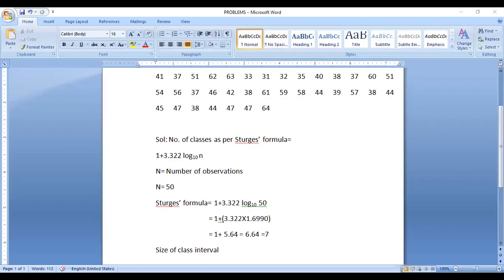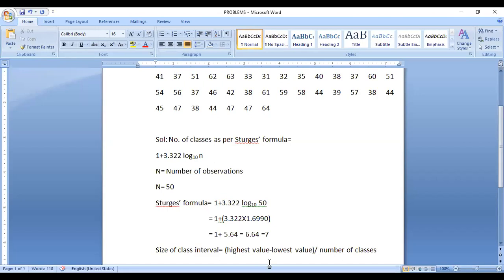So size of class interval is equal to highest value minus lowest value by number of classes.